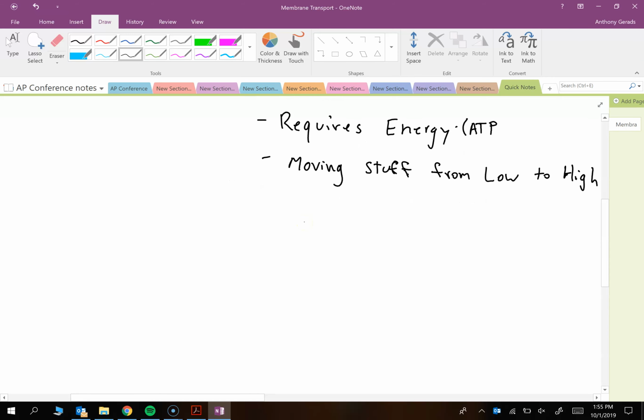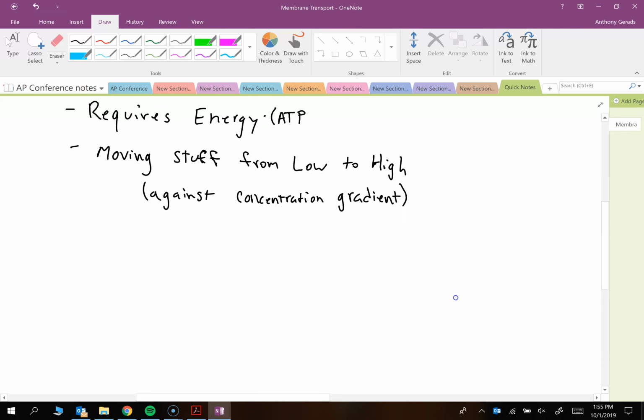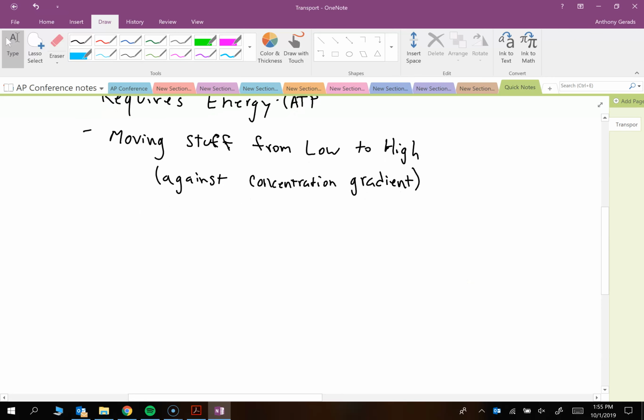So moving stuff from low to high, or against the concentration gradient. If you've heard the term gradient before, it means going from high to low on something. For instance, you hear that term in art.